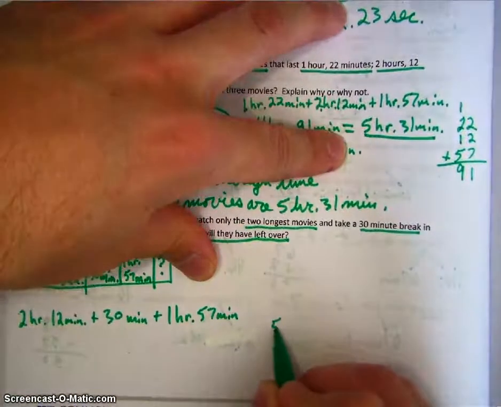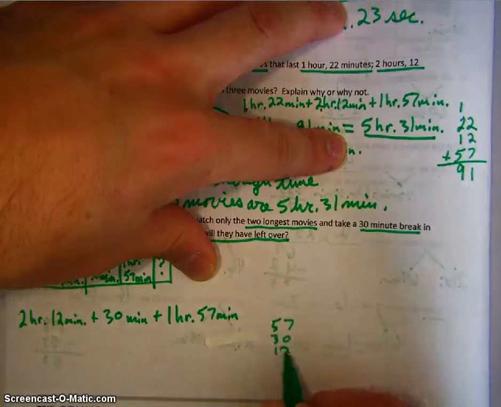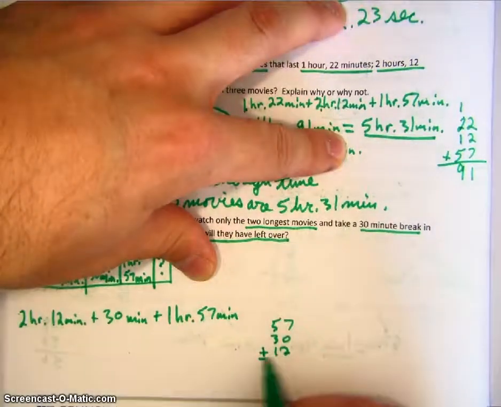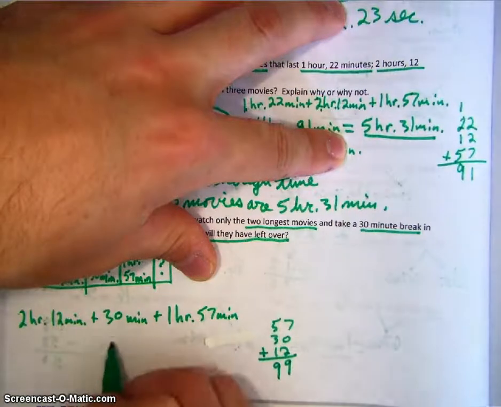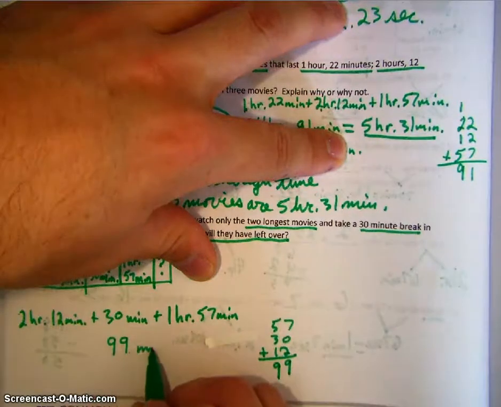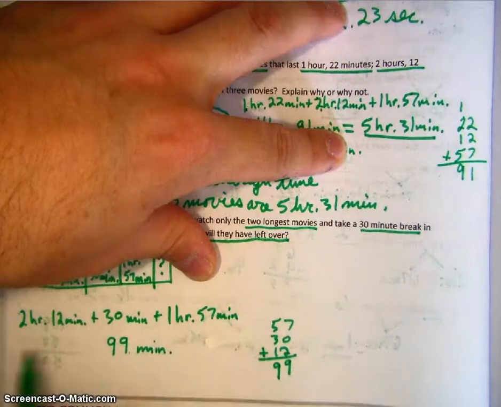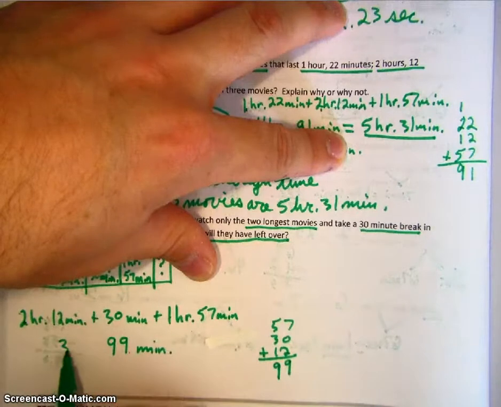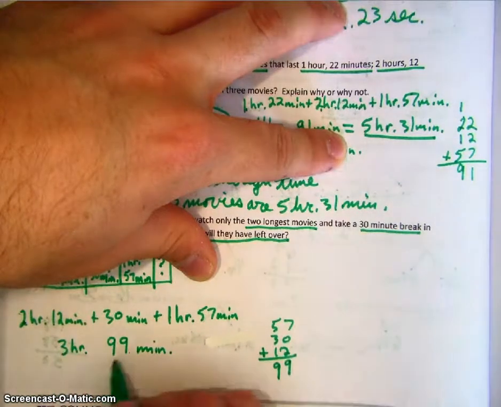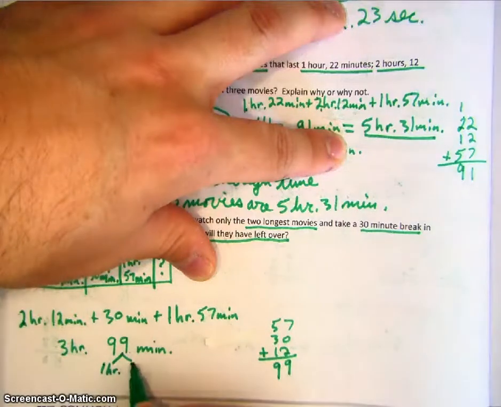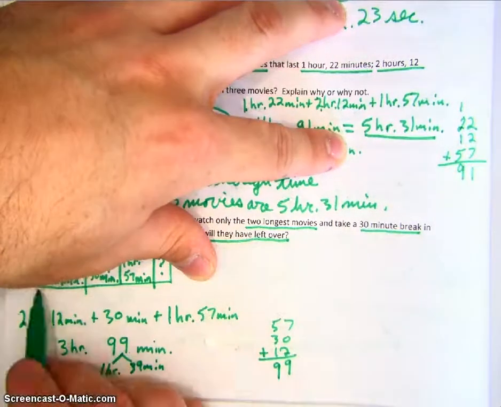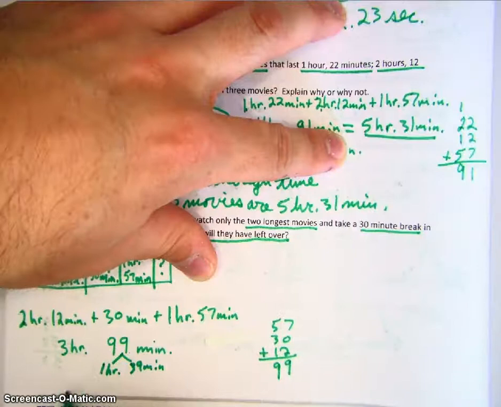We have 57, 30, and 12. That's 99 minutes. For hours, we have 2 plus 1, so that's 3 hours. Our 99 minutes is 1 hour, 39 minutes. So the total time that they've spent is 4 hours, 39 minutes.